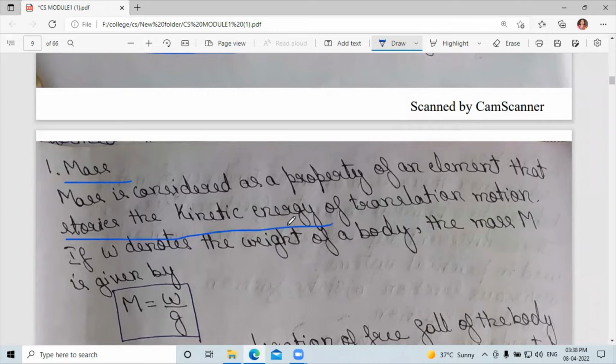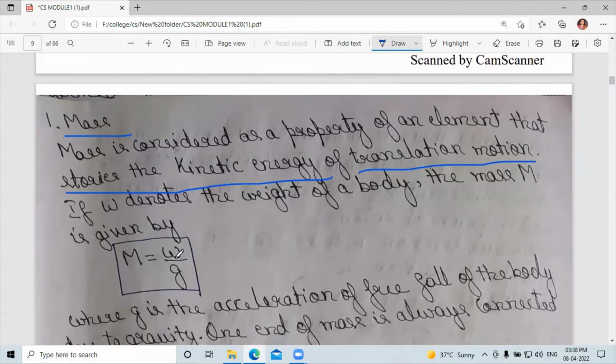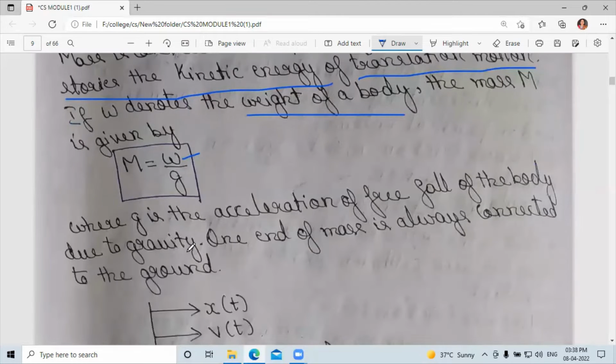One thing you need to remember is that mass stores the kinetic energy of translational motion. And here m is equal to w divided by g, where w indicates the weight of a body, and g is the acceleration of free fall of a body due to gravity.